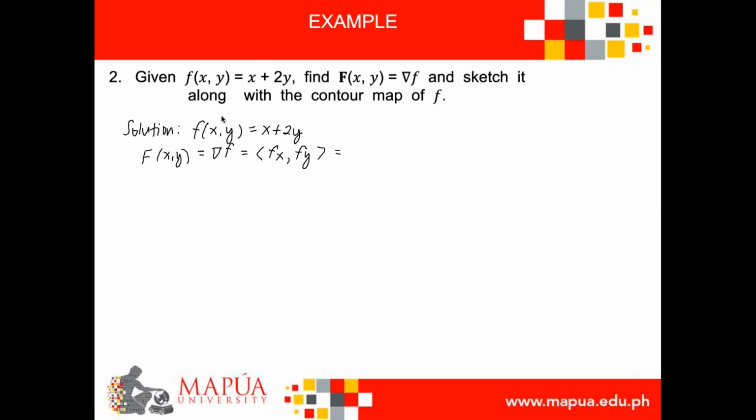When we take the derivative with respect to x, taking y as constant, the first component will be 1. Then the second component is the partial derivative of f with respect to y, having x as constant. So the derivative of x is 0 plus the derivative of 2y is 2.